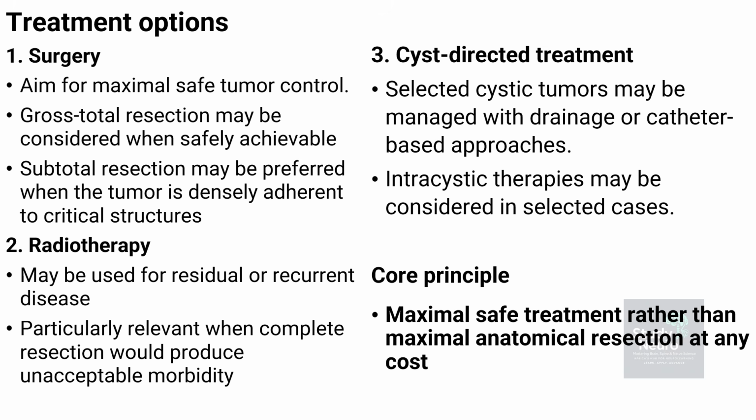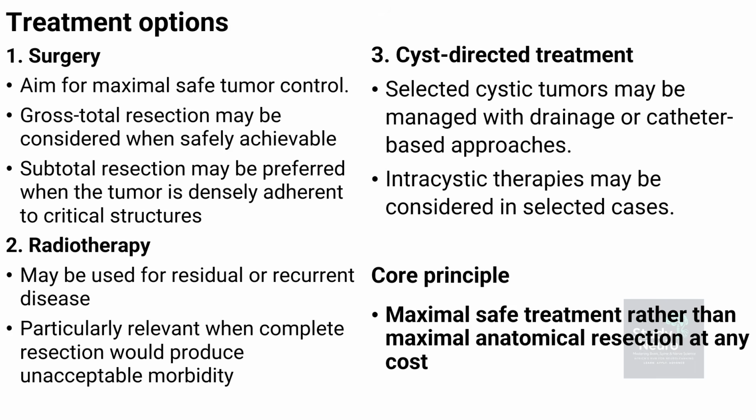Treatment of craniopharyngioma is guided by tumor anatomy, growth pattern, and the structures involved. Surgery is often the main treatment, with the goal of achieving the greatest tumor control that can be obtained without causing unacceptable neurological or endocrine injury. Safety comes first.